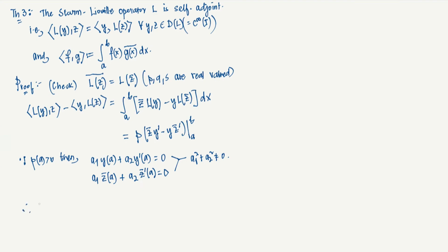Therefore, Z bar at A times Y prime at A minus Y at A times Z bar prime at A is going to be 0. Since this system has a non-trivial solution, the coefficient matrix has to be singular. That's just linear system of equation theory. So this is true.